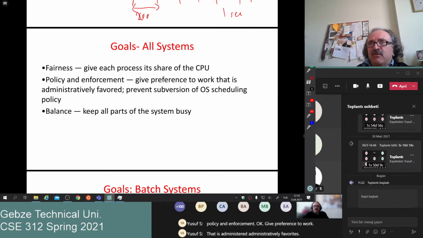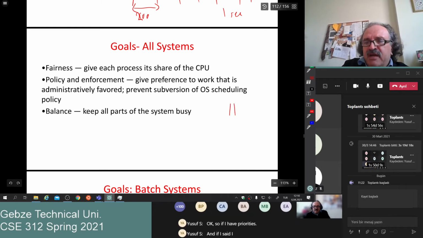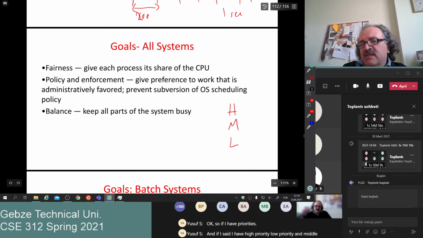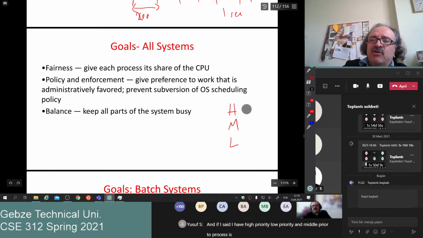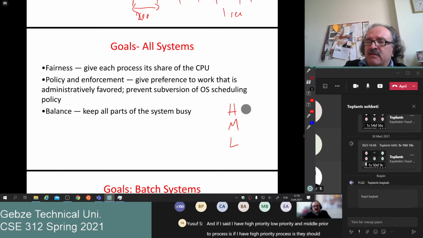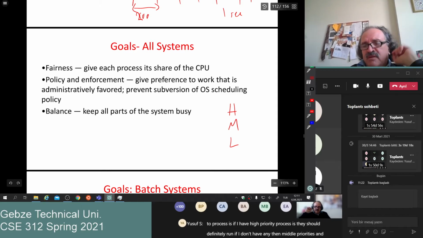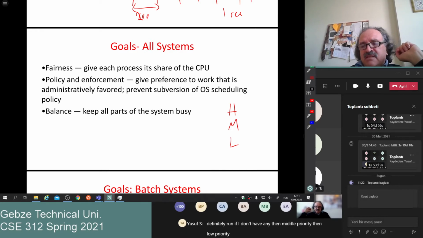So if I have high priority, low priority, and middle priority processes, if I have high priority processes, they should definitely run. If I don't have any, then middle priority and low priority processes, okay?